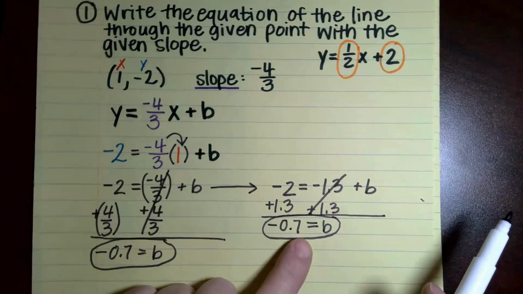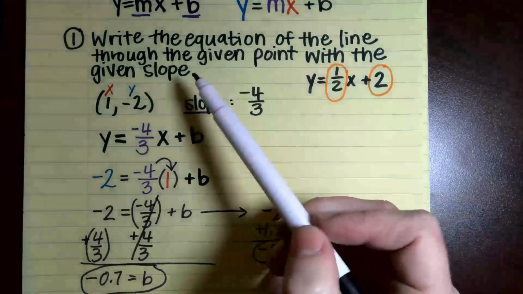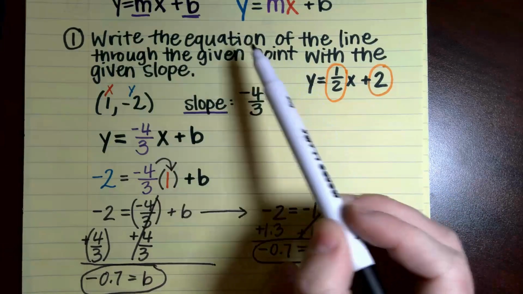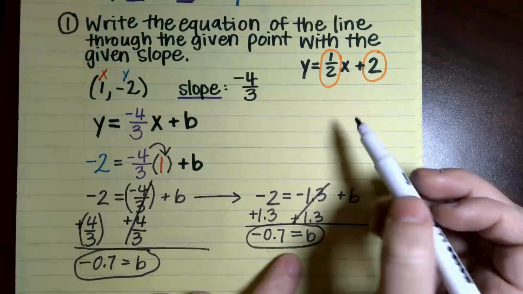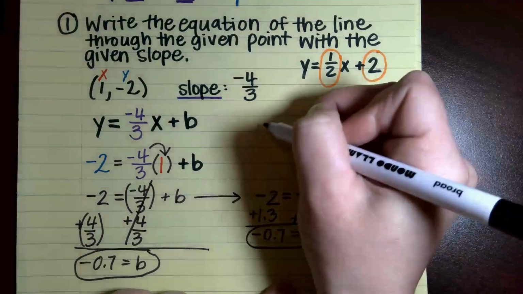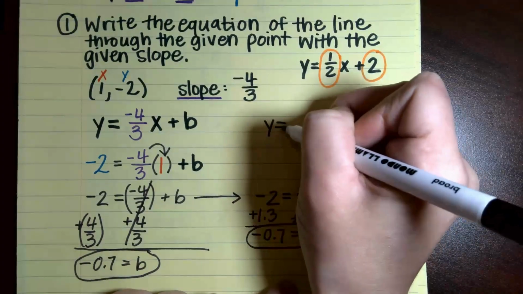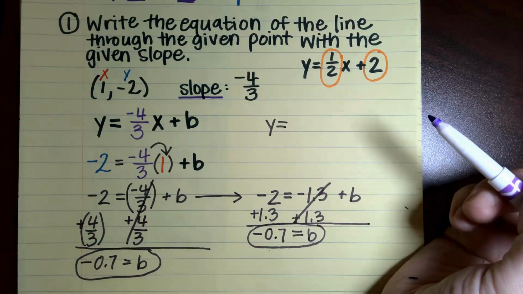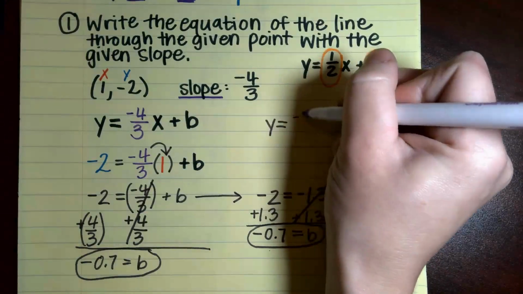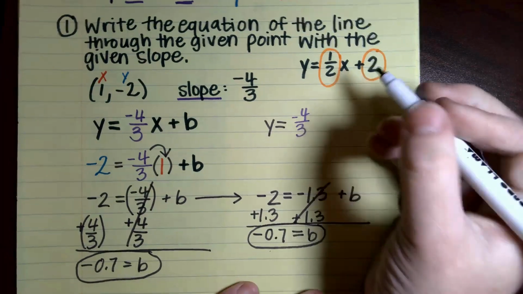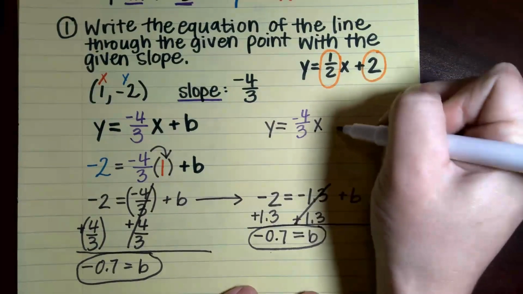Let's look back at this equation. Our problem said to write the equation of the line given the point and the given slope. Remember we're trying to find y equals mx plus b. So we're going to write y equals, what's our m? Negative 4/3. Yep, negative 4 over 3. y equals negative 4 over 3x.